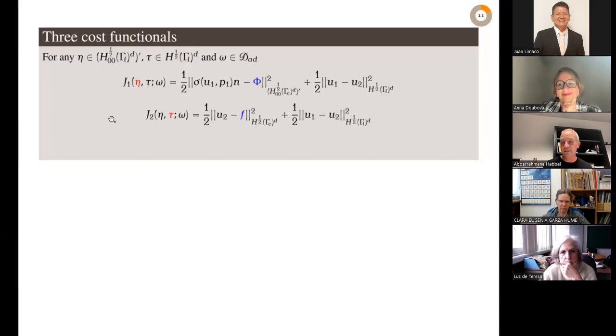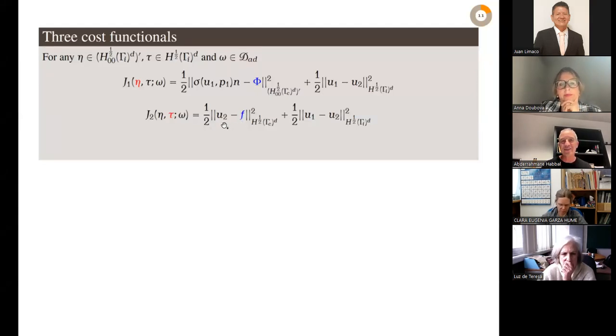So what we do here is to have a game theoretic point of view. I consider these two players. One controls eta and the other controls tau. The first player minimizes G1, which is not the sum of G1 and G2, because the first player considers only the gap with respect to the Neumann condition. And the second player has control on tau, which is the Dirichlet boundary condition on gamma I, and wants to fill the gap with respect to the Dirichlet Cauchy data.